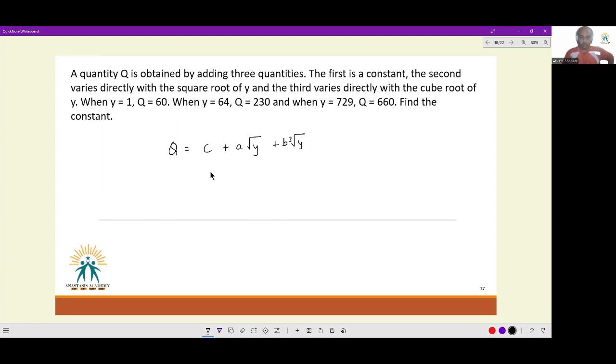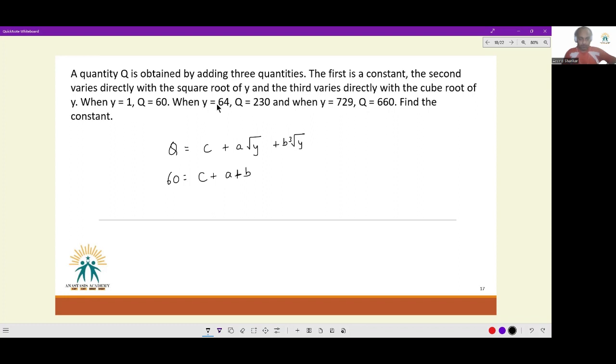This is given to us. When y is 1, Q is 60. So Q is equal to 60 is equal to C plus A plus B. Constant plus the coefficient, the constants of proportionality.